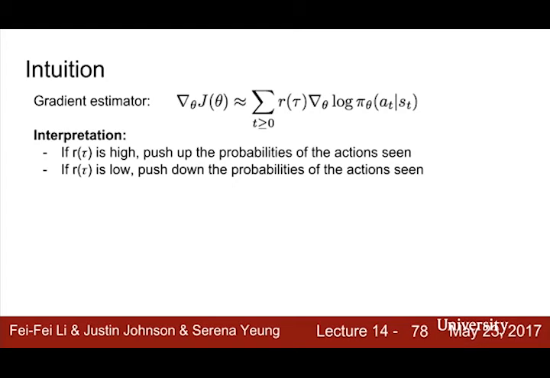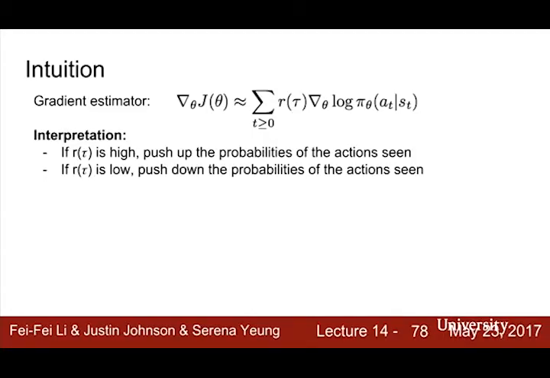Okay, so given this gradient estimator that we've derived, the interpretation that we can make from this is that if our reward for a trajectory is high, if the reward that we got from taking the sequence of actions was good, then let's push up the probabilities of all the actions that we've seen. We're just going to say that these were good actions that we took. And then if the reward is low, we want to push down these probabilities. We want to say these were bad actions, let's try and not sample these so much.